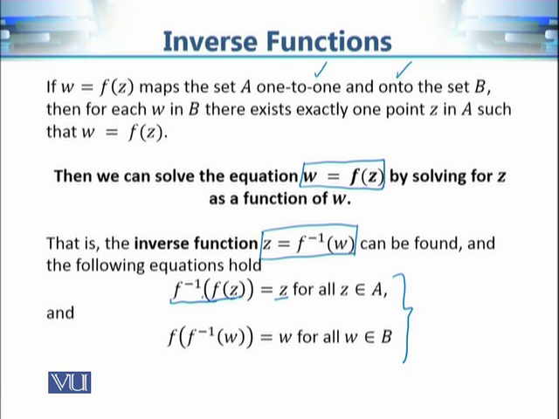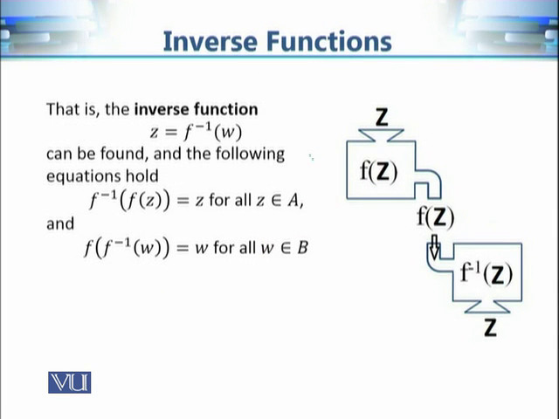In other words, f and f inverse cancel out each other, and they are inverse processes of each other. And similarly for W, when we apply f inverse first and then we apply f, we again get W, which is the starting point in this case.